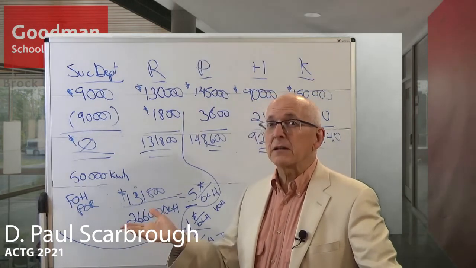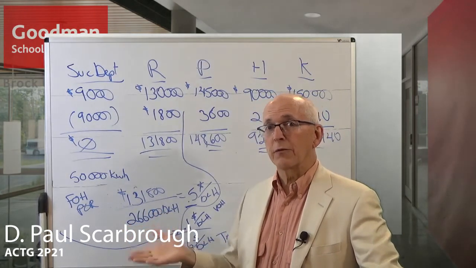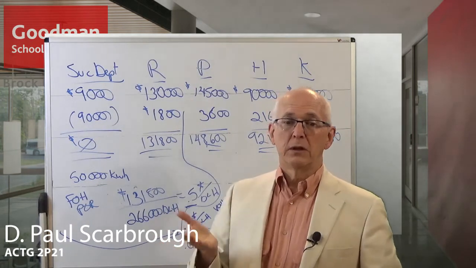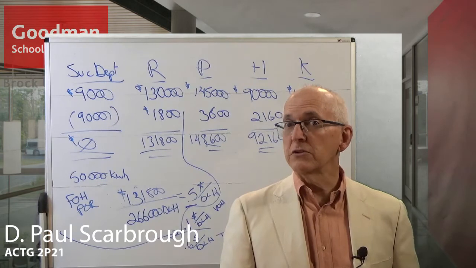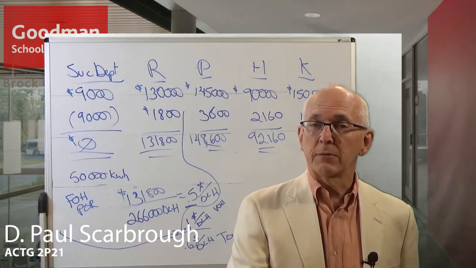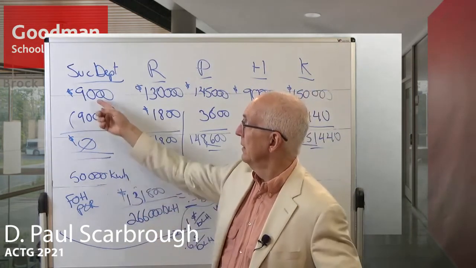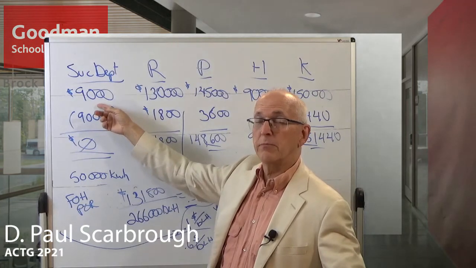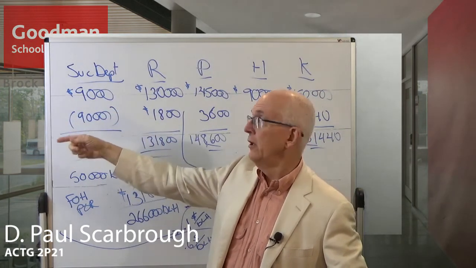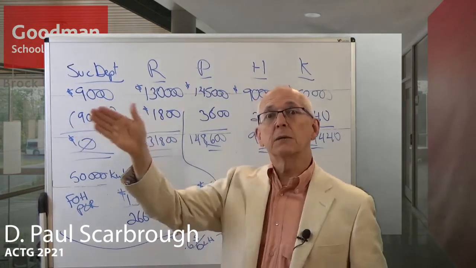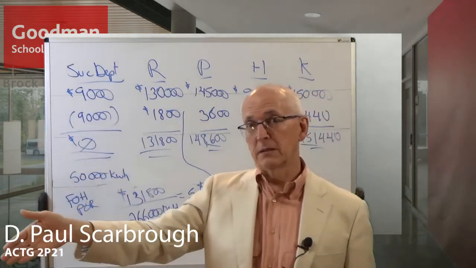So in effect, another way to think about it is with fixed overhead, we will allocate based on our commitment, not on actual usage. We incurred this cost not because of usage or making of electricity, but because of the commitment to be able to make the electricity.